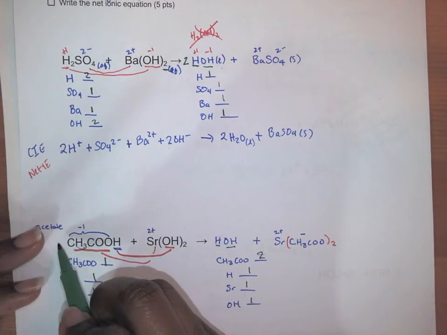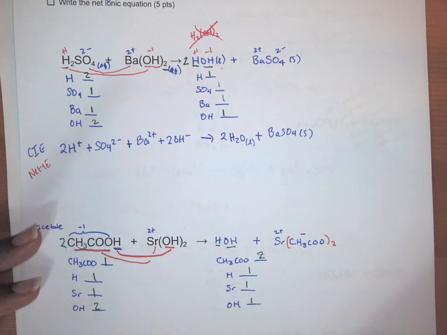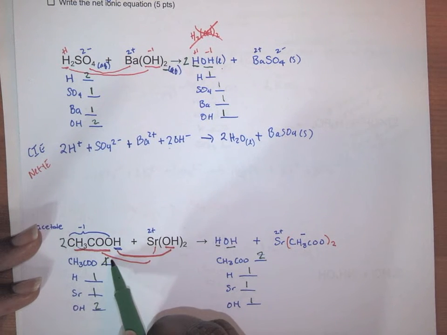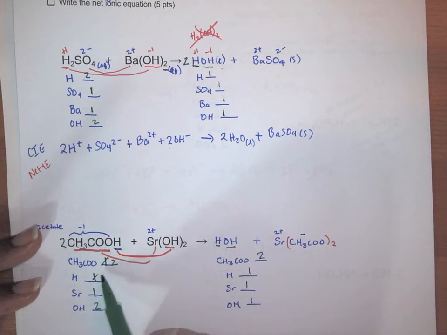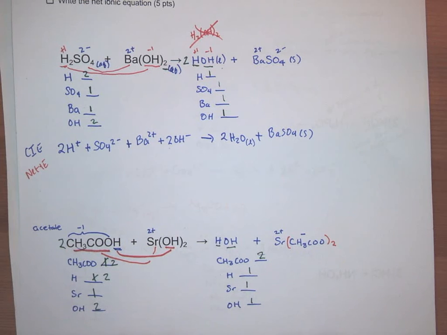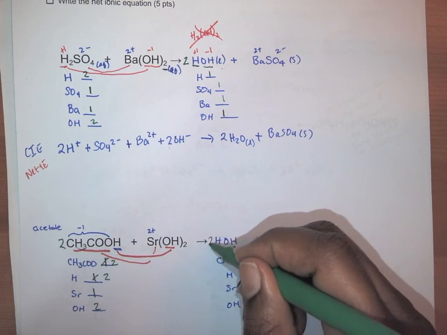So to balance that, I put a 2 in front of the acetic acid. That changes the number of acetates to 2 and the number of acetic hydrogens to 2. Now I look at the H and OH, they're not balanced. So I need a coefficient of 2 in front of water to balance them.